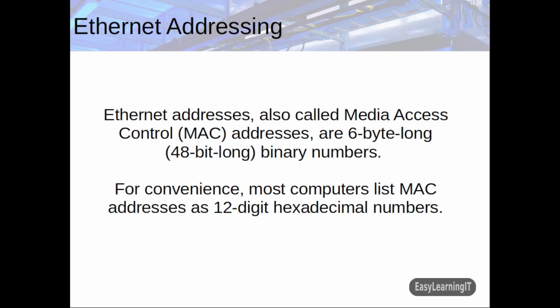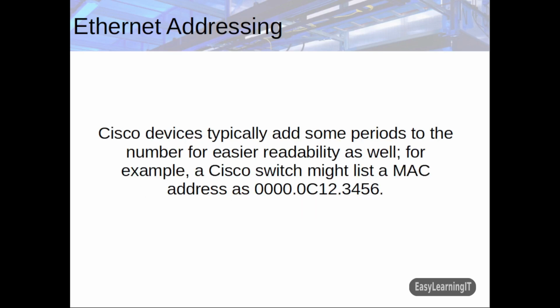Ethernet addresses, also called Media Access Control, or MAC addresses, are 6 bytes long, 48-bit binary numbers. For convenience, most computers list MAC addresses as 12-digit hexadecimal numbers. Cisco devices typically add some periods to the number for easier readability as well.